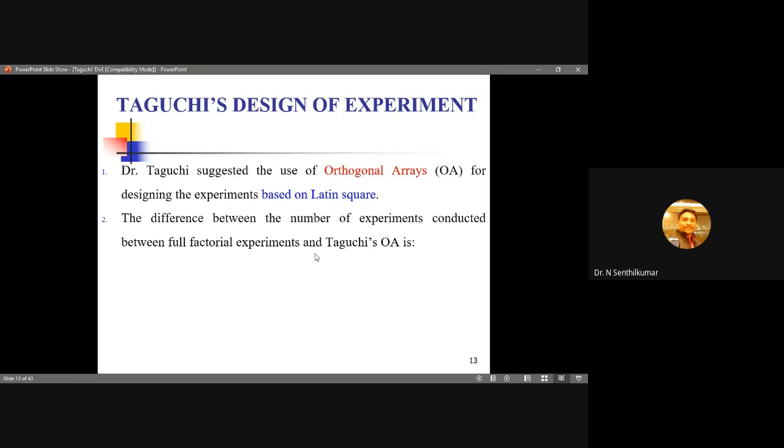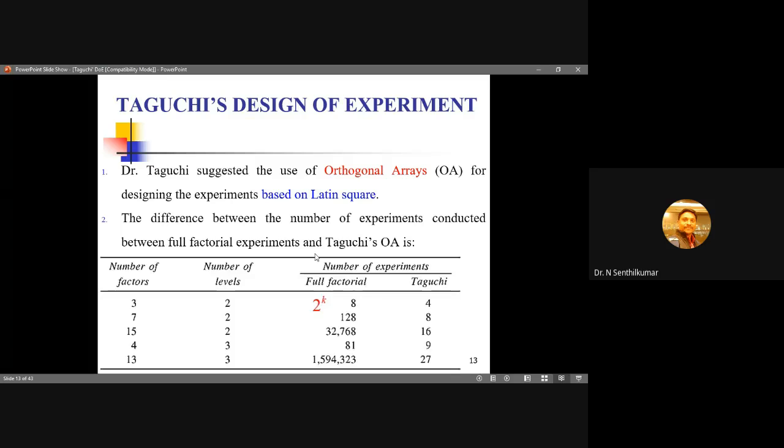So previously we have seen there is a big difference between the factorial designs and Taguchi's DOE. What is the difference? Here I am going to consider only 2 power k designs and 3 power k designs. Generally the factorial design 2 power k is a 2 level design.